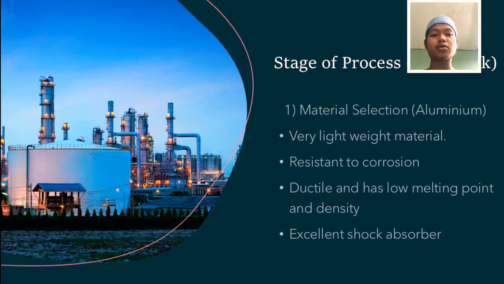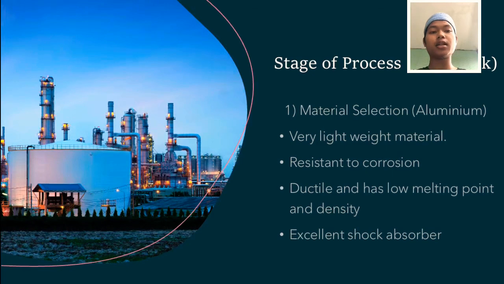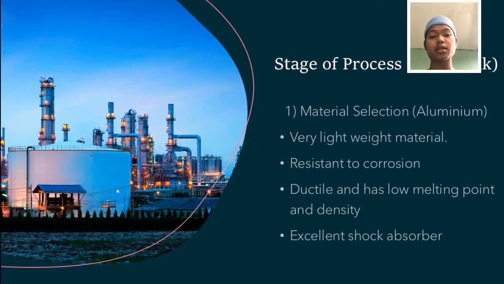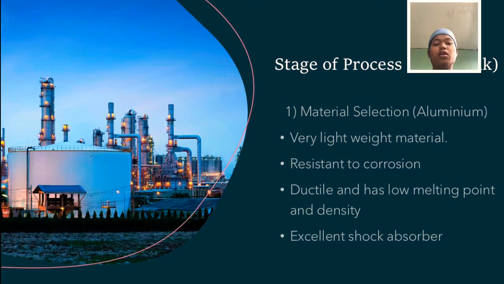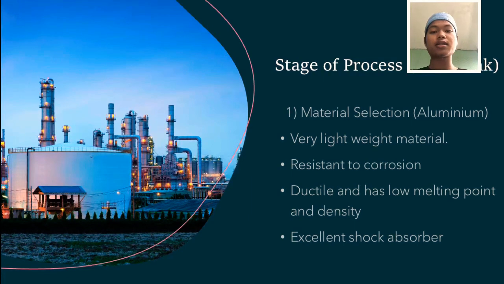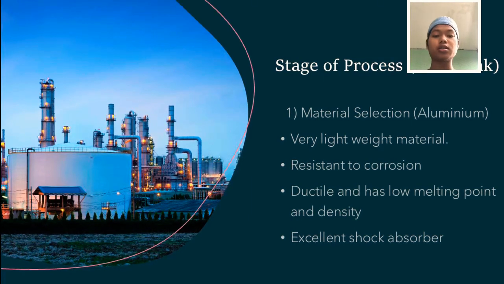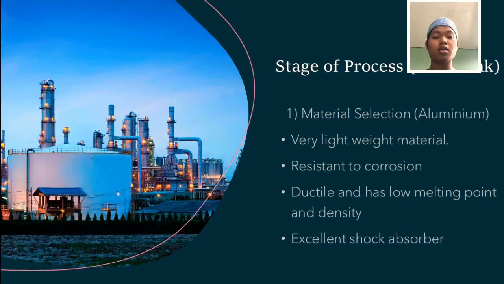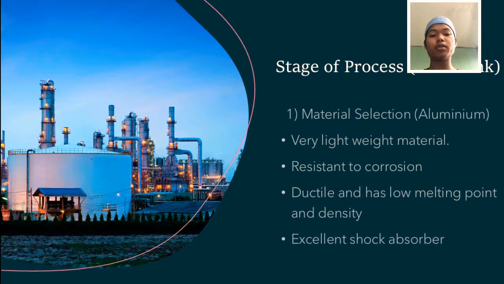Aluminum is also ductile and has a low melting point, so it's easy to process and can be processed in several ways in a molten condition. Last, aluminum is also an excellent shock absorber, so it is very suitable for manufacturing a fuel tank.